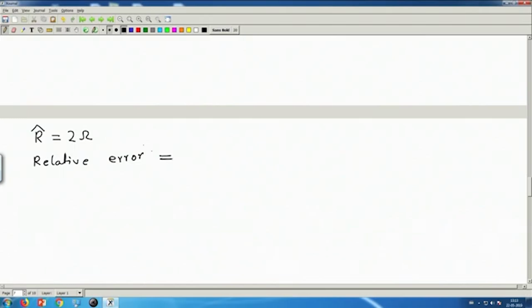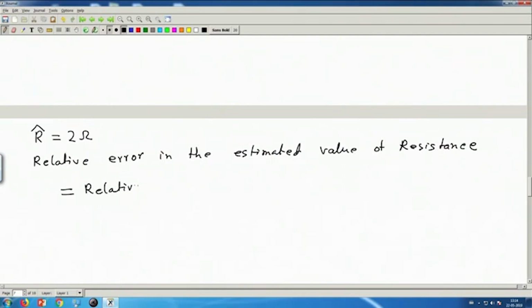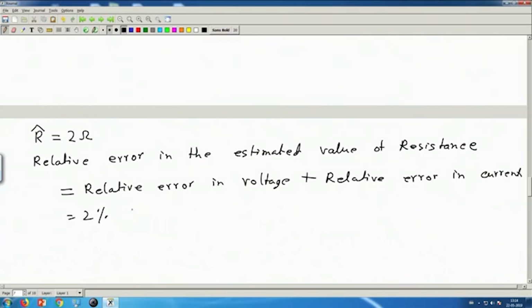The relative error in the estimated value of resistance will be the sum of the relative error in voltage plus the relative error in current. So this will be 2% plus 1%, which is once again 3%.